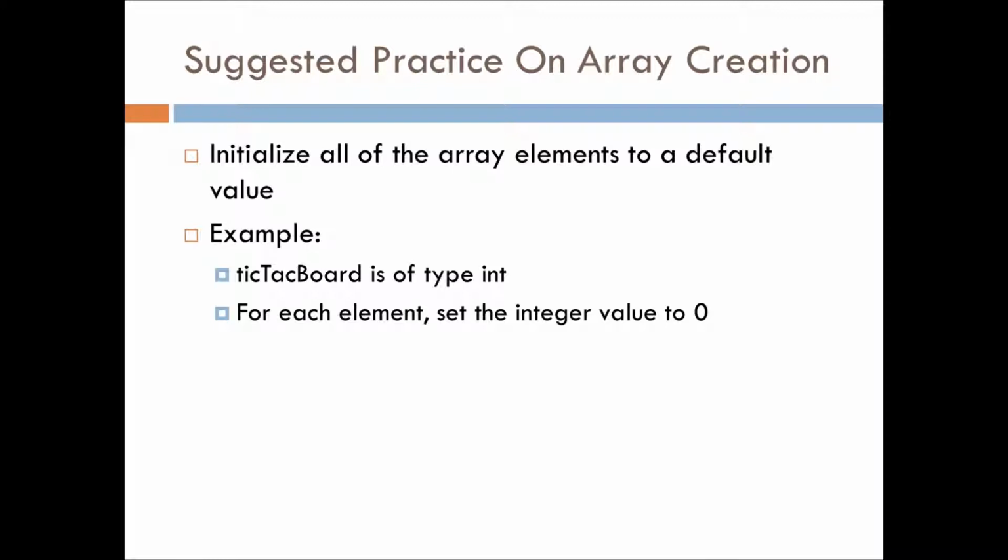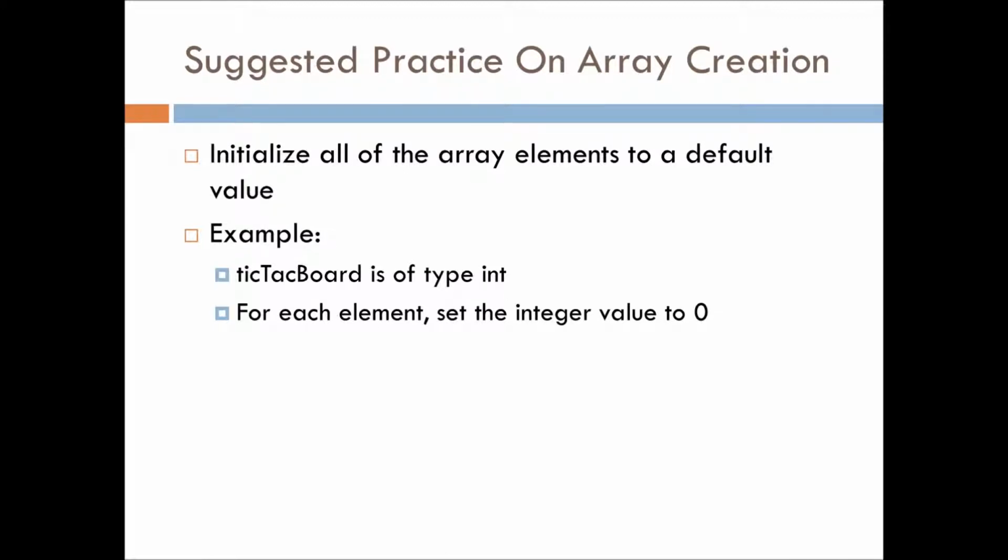What I suggest whenever you create your array is to initialize all of your elements to a default value that you're not going to use in the future, just a default value to say, oh hey, everything's empty. I don't know if Papyrus necessarily needs it, but it's good practice just so everything's initialized.